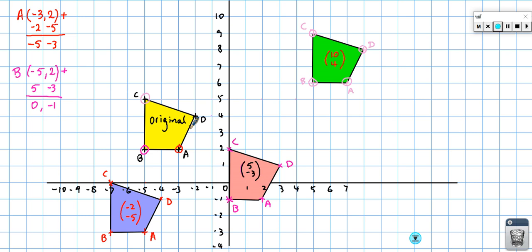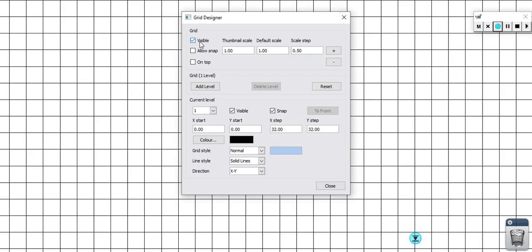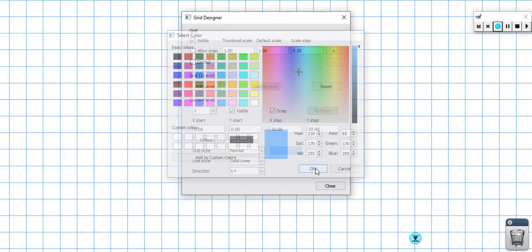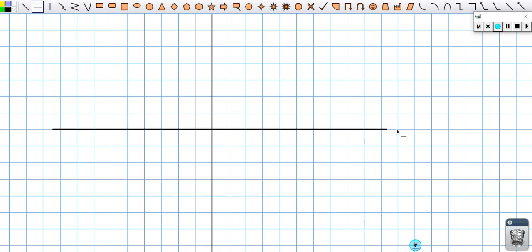To find the translation, we just need to count squares. So let's search a small example. We've got a shape.